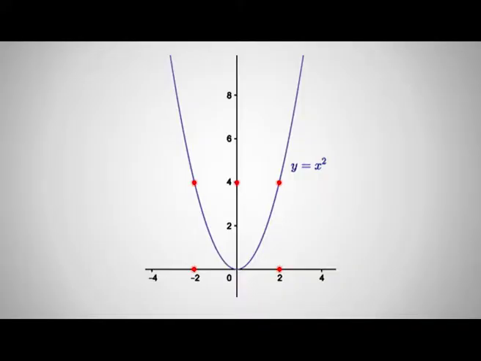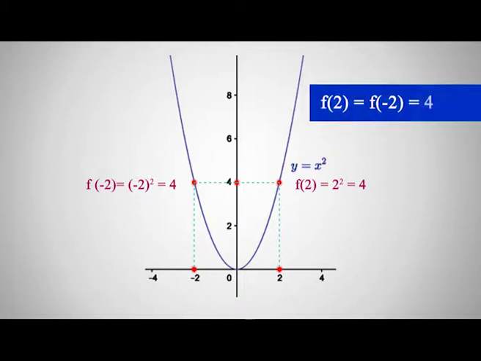For example, the function f of x equal to x square cannot have an inverse, because it assigns the same value to x equal to 2 and x equal to minus 2, namely f of 2 equal to f of minus 2 equal to 4.